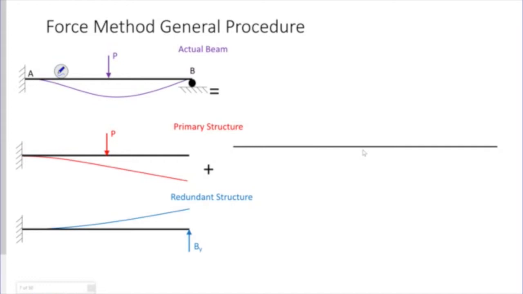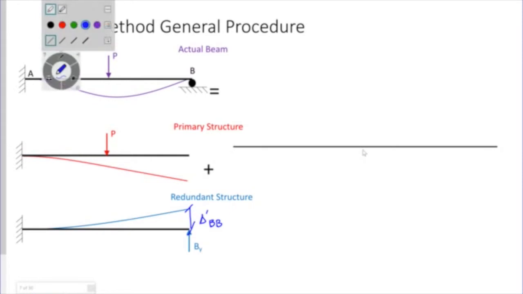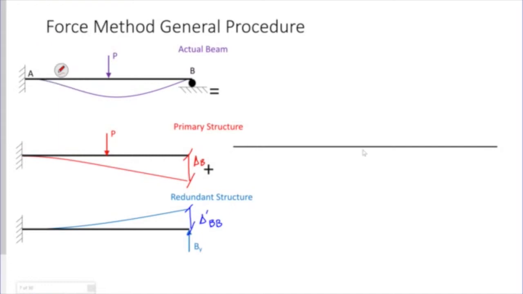So I have found my displacement at B due to my unknown reaction at B, and I need to calculate these, and my displacement at B in my primary structure with that one redundant force taken away. So what I'm going to use in this case is the linear coefficient. I need to calculate these deflections and then use them to calculate BY.